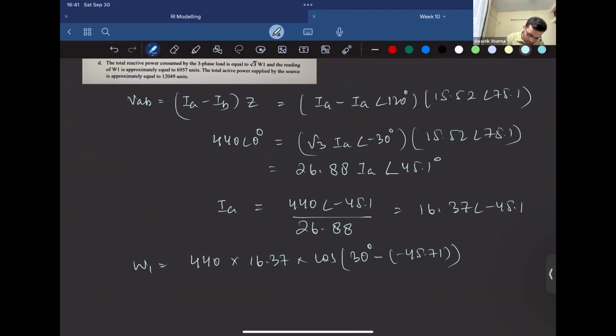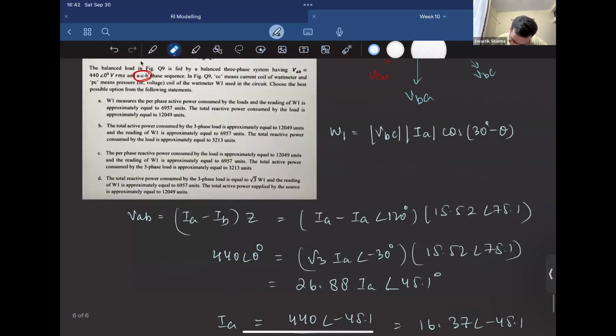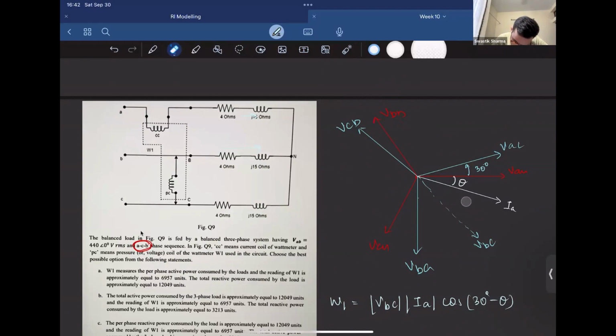If you calculate it, it's going to be... something wrong. So this is 30 degrees leading.